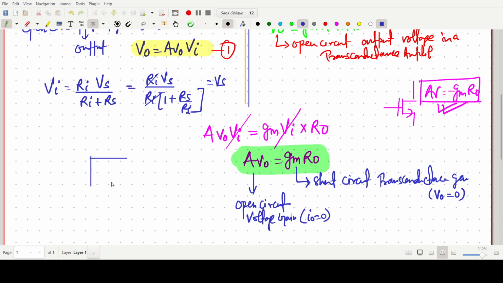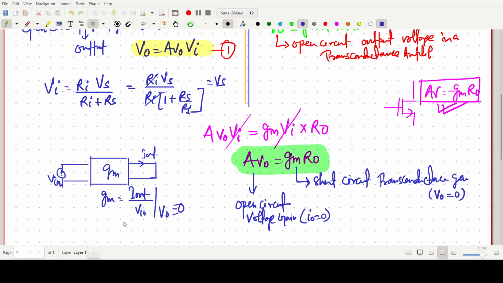For the transconductance Gm, if we put plus minus Vi and make the output a short, and some I output flows, then Gm equals I output by V in, keeping V naught 0. So this one is the fundamental: Gm equals I output by V in with the output shorted. This is a very important relationship.